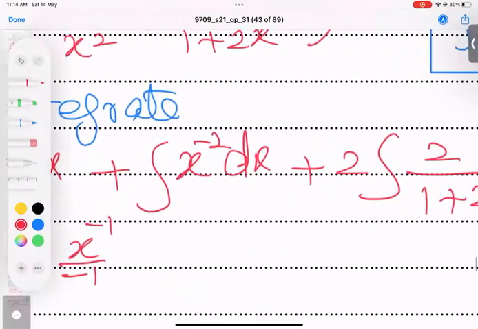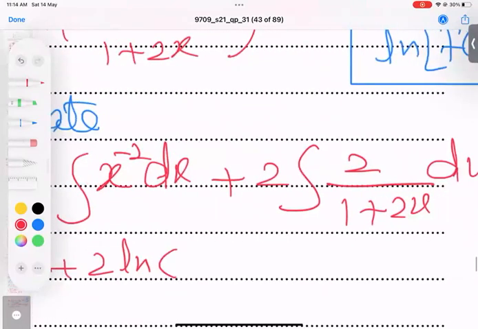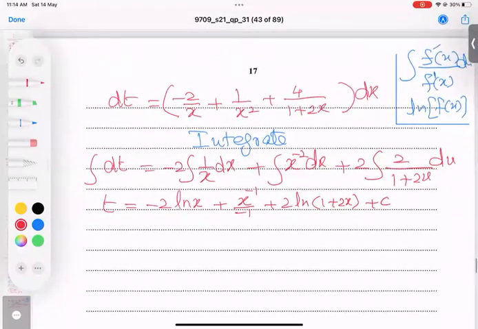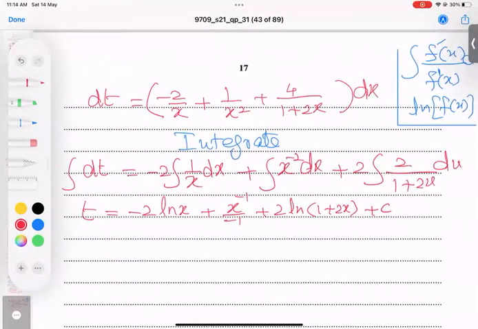And what is here? Plus 2 logarithm of 1 plus 2x. Plus c must be there. Okay. Now I'm applying the limits, the values, but we have to reshuffle first, rearrange. -1 over x plus 2 logarithm 1 plus 2x.